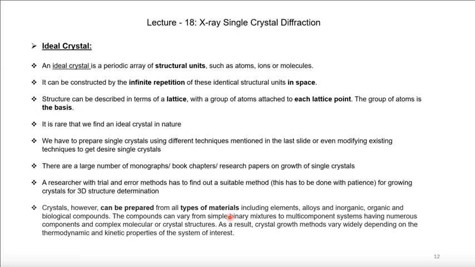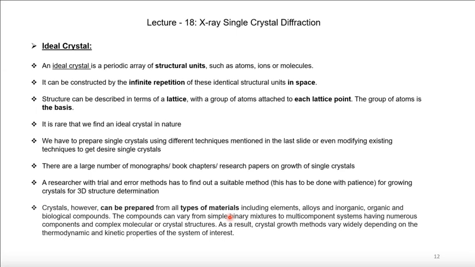We should have an ideal crystal where there is no disruption of periodicity. It can be structured by infinite repetition. We will say very long range ordering in space. The structure can be described in terms of a lattice, and a group of atoms is the basis of this structure.